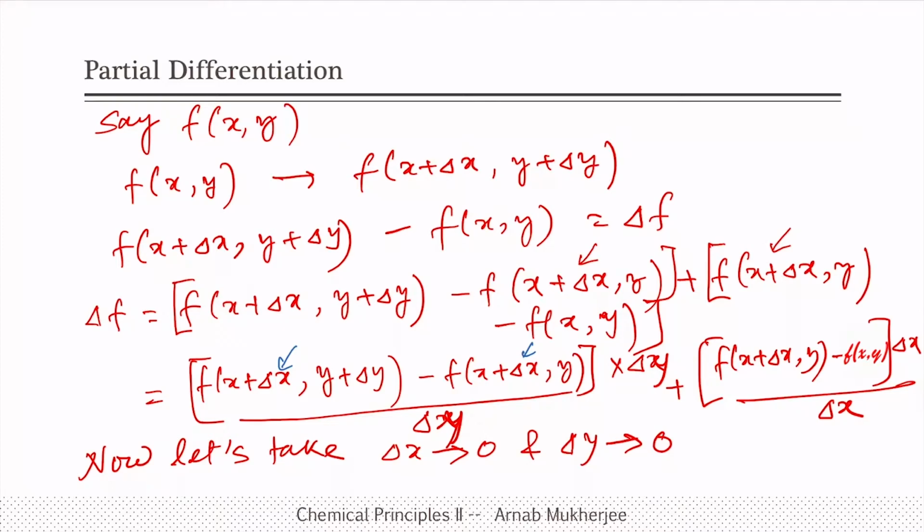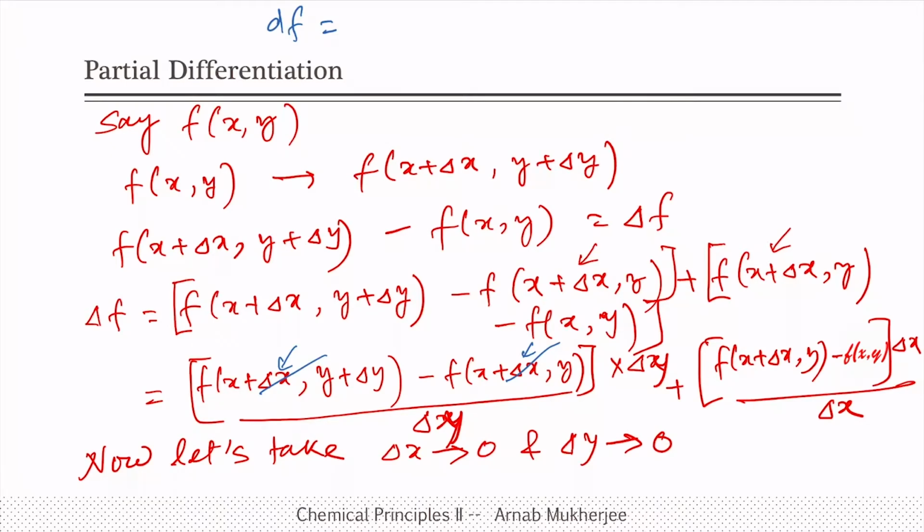So, left hand side will become, so actually I do not have space, so I should write here then, left hand side will become df. Why are you putting df? Because we are taking limit for them, limit Δx tends to 0 and Δy tends to 0. Now, this quantity, since we are taking the limit Δx tends to 0, it will be simply 0 and it will also be 0, but here Δy we cannot just take to be 0, because we are dividing by Δy also.